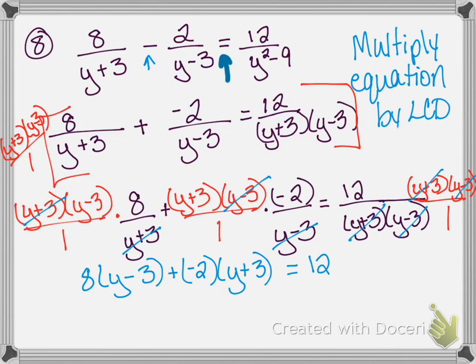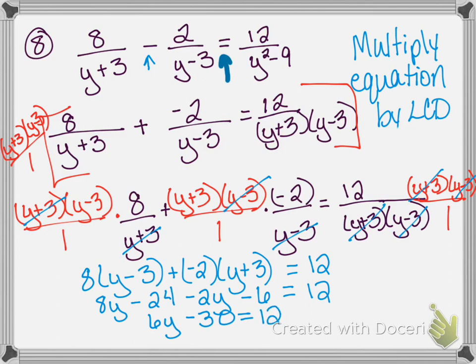Okay, so I'm going to distribute. I've got 8y minus 24. Then I have negative 2y minus 6. 8y and negative 2y give me 6y. Minus 24 and minus 6 give me negative 30.